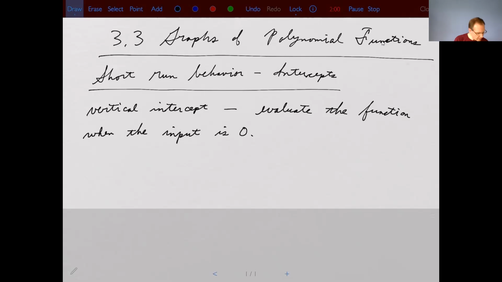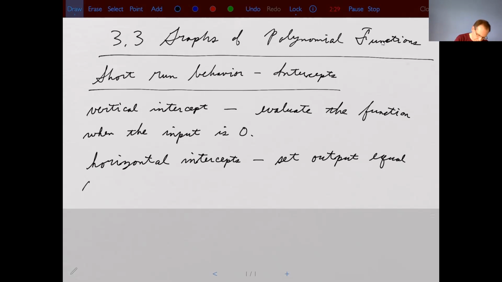To find the horizontal intercepts, and I'll do plural because it could be more than one, we solve when the output is equal to 0. So we set the output equal to 0 and solve for the inputs.